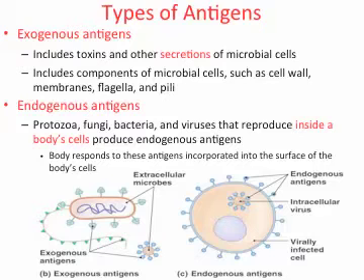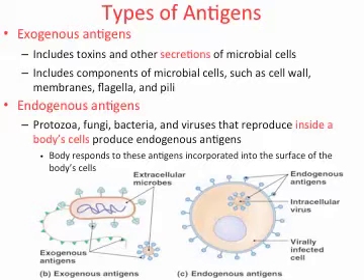There are different types of antigens. There are exogenous antigens. Those would include the toxins that you might encounter in the environment and other secretions that microbial cells might release. Endogenous antigens, those are bacteria or viruses that would reproduce inside your body's cells, and then they would make endogenous antigens.